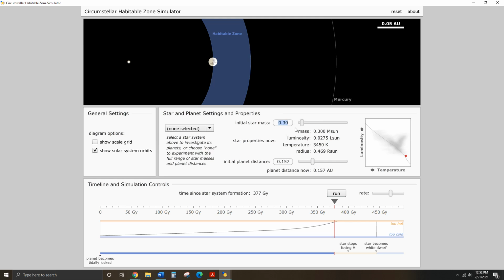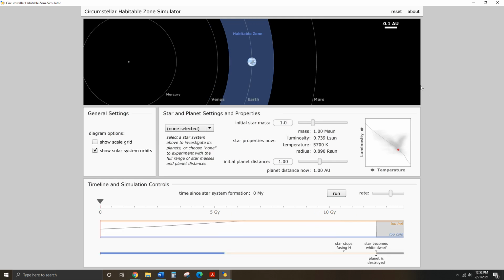Now let's look at one that's like the Earth or like the Sun. We want to give it as much time in the CHZ as possible, so we're going to move it to the outer edge. And we're sitting about right there. Note the planet distance from the star in AUs.